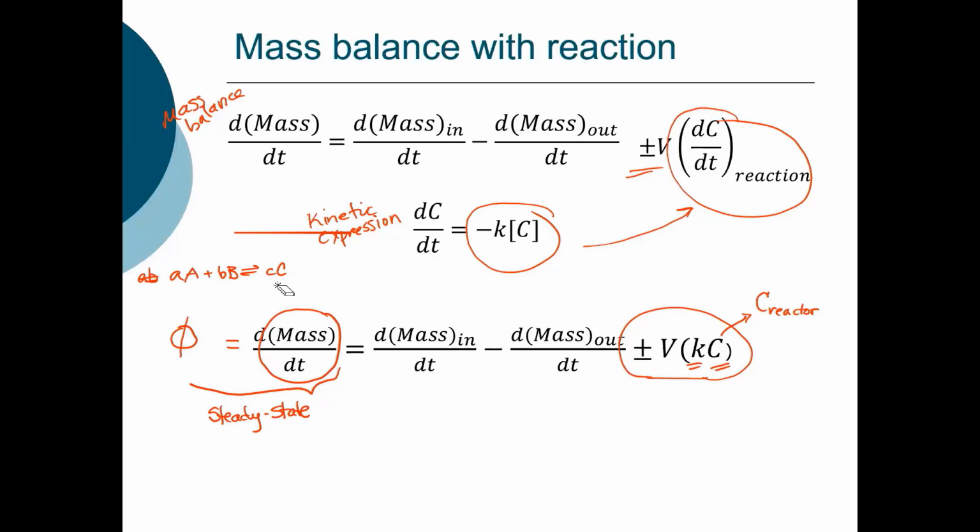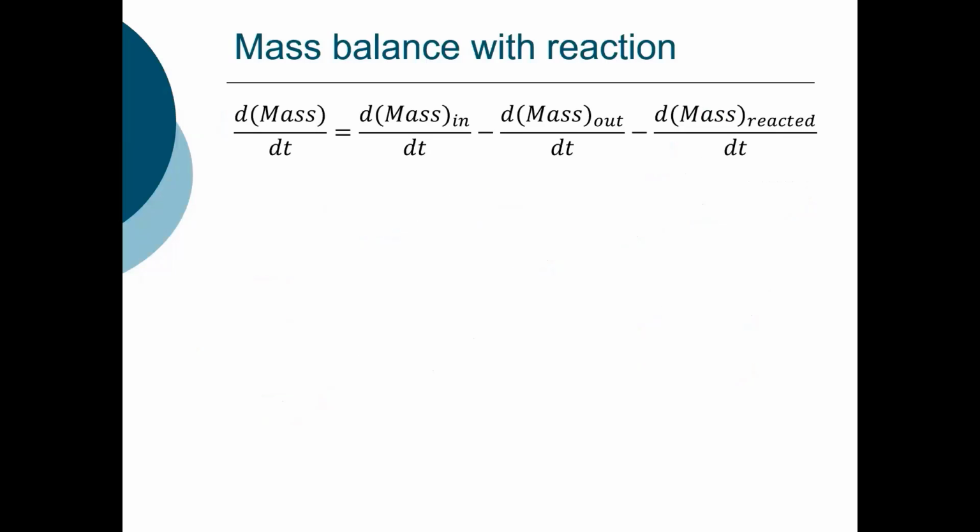But when we talk about rate of accumulation, we're looking at a reactor system, and we're looking at the change in mass in that system. So when the rate of accumulation, change in mass with respect to time, is equal to 0, we're talking about steady state conditions.